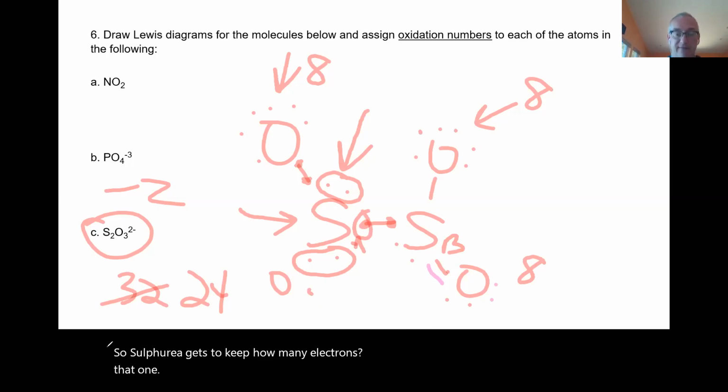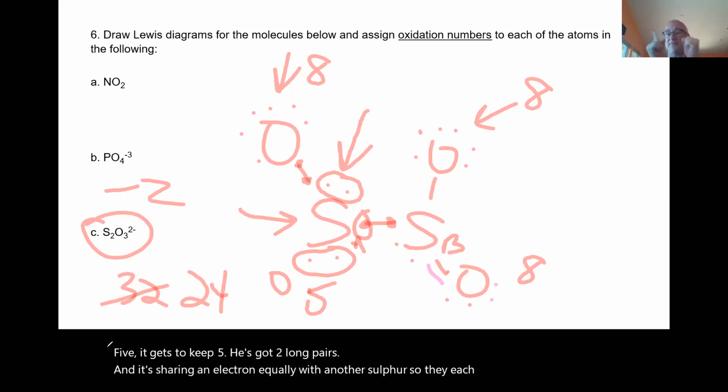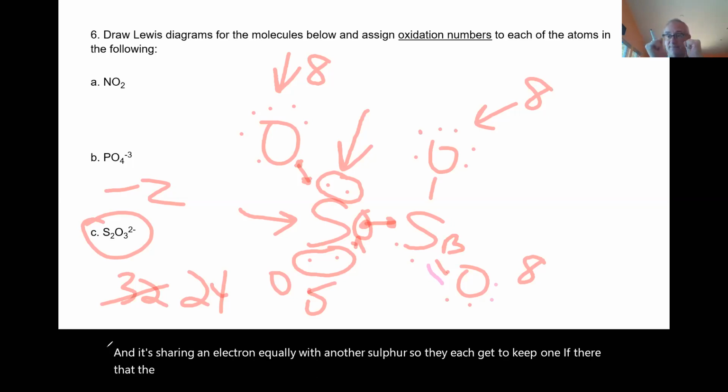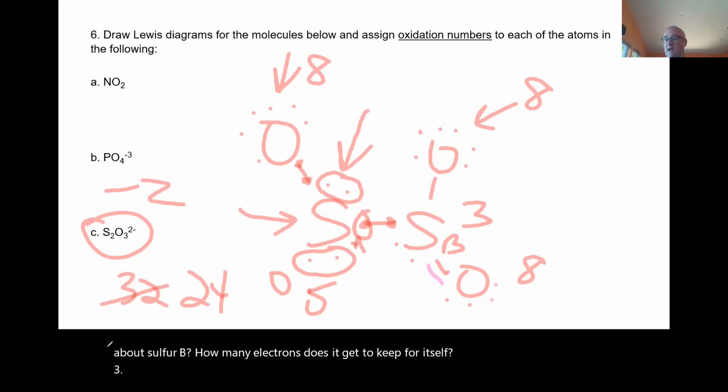It gets to keep 5 because it's got 2 lone pairs and it's sharing an electron equally with the other sulfur. So they each get to keep 1. If they're the same electronegativity, they get to share it equally. So that one is 5. Now what about sulfur B? How many electrons does it get to keep for itself? 3.